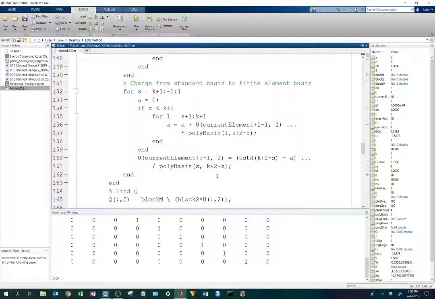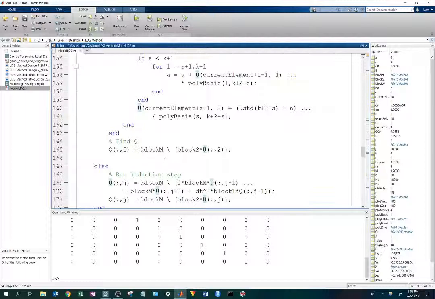And so it's backwards. And so you see a lot of weird things, like s goes from k plus 1 and you count backwards, and it's a mess. But you just figure out how to do it, and then you do it. And then once you do that, you have all the coefficients for u, and that's how you get u.